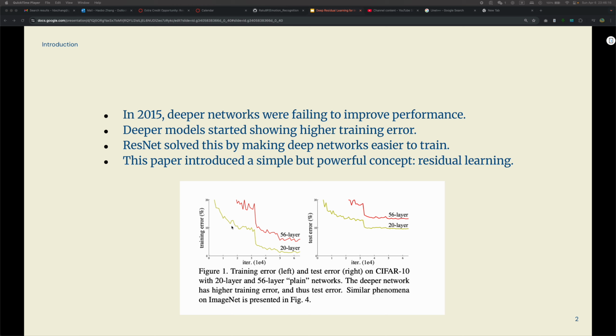This paper proposed a simple idea that changed everything. Instead of learning direct mappings, they let the network learn just residues of previous layers, which significantly reduces the training time and also increases the efficiency of training models.